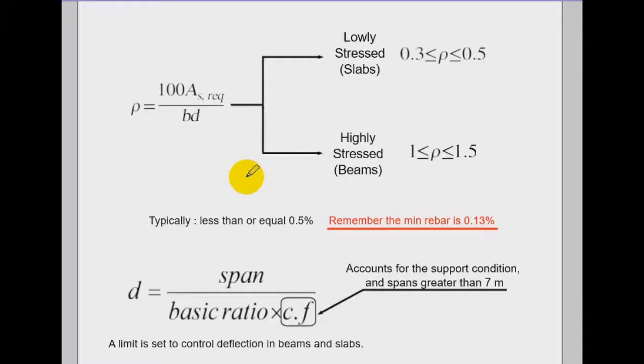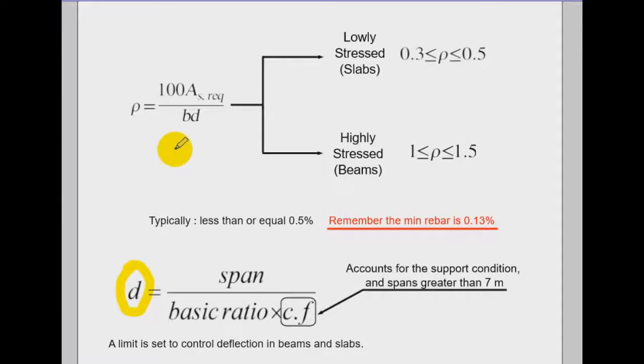So we're starting with this formula here. In order to find the d, remember, for the slab design, you only need to verify the d, the effective depth. That's the only thing you have to work out and then verify. To work out the d, you're initially going to need something called the rho.